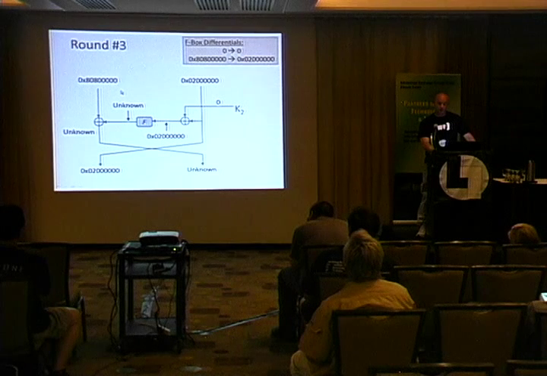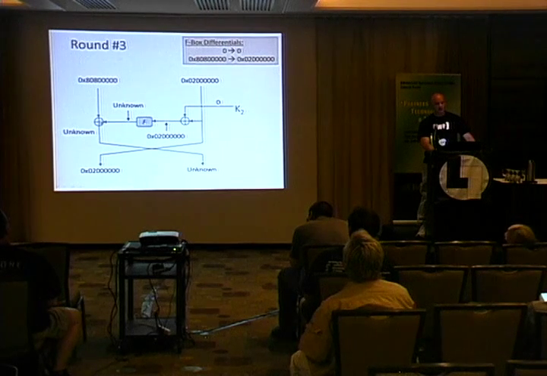And this is where it gets kind of weird. This is round 3. We have this 80, it hits the XOR, but on the right we have this differential of 2. It gets XORed with 0 from the subkey, so it's still 2 going into the round function.